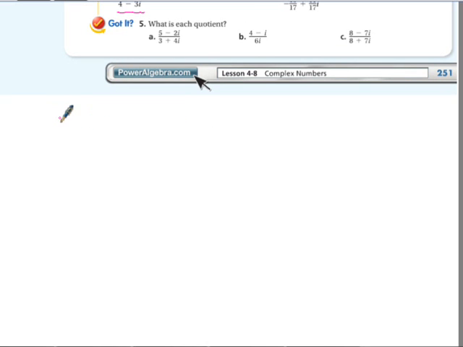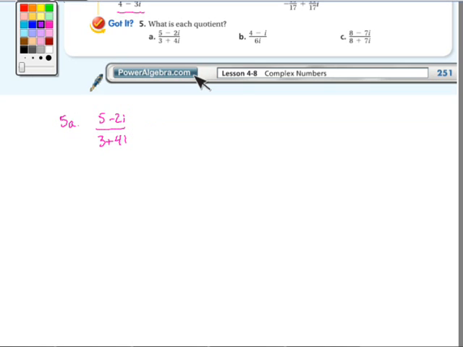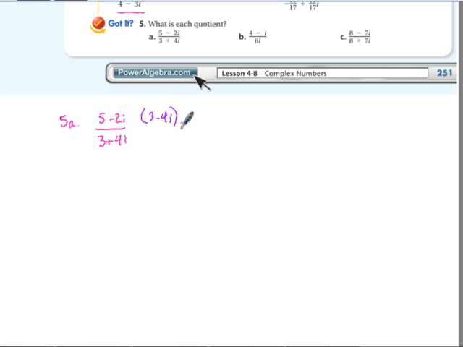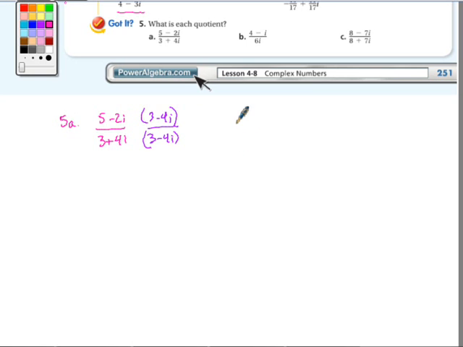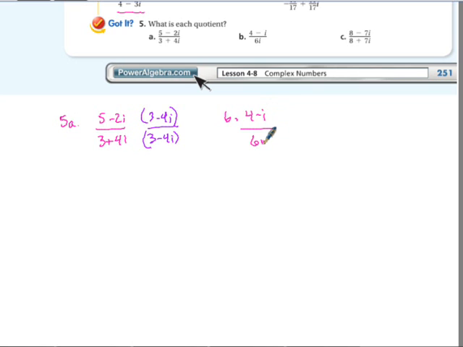I'm going to set up 5A for you. So 5A, 5 minus 2i over 3 plus 4i. I'm going to multiply that by the complex conjugate, top and bottom, so 3 minus 4i over 3 minus 4i. You're going to finish that problem on your own. B, I'll help you set up B also. 4 minus i over 6i.